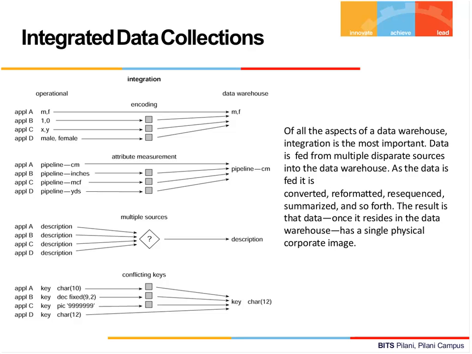If I'm talking about orders, I don't want to mix orders with shipments. Also, if I have order information and claim information coming, I don't want to put claims along with orders, because that is not the way to design a data warehouse. I would like to design a data warehouse process specific.